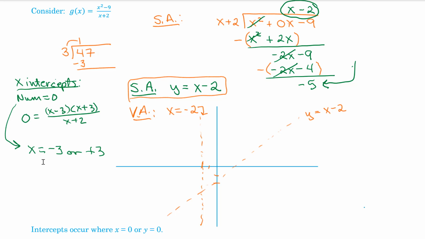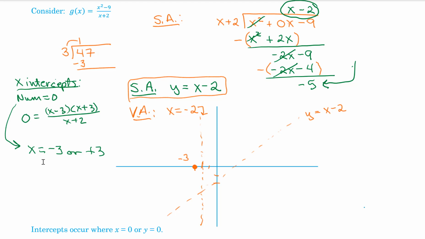Okay, well, what's that get for me? On my graph, if I come over to negative 3, I'm intersecting right there. I have an x-intercept. Now, on this slant asymptote, y is equal to x minus 2.